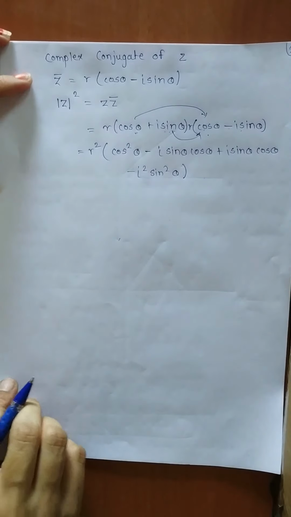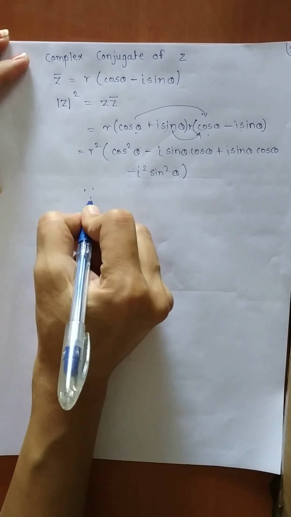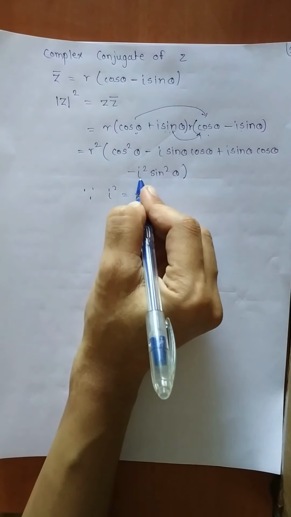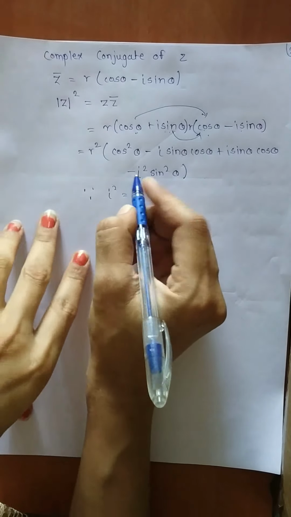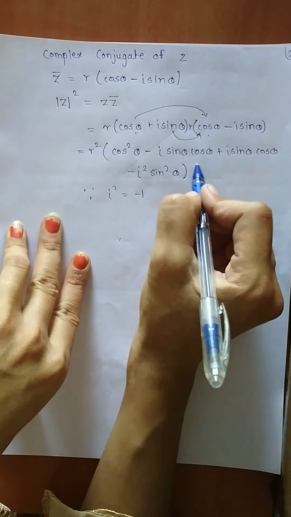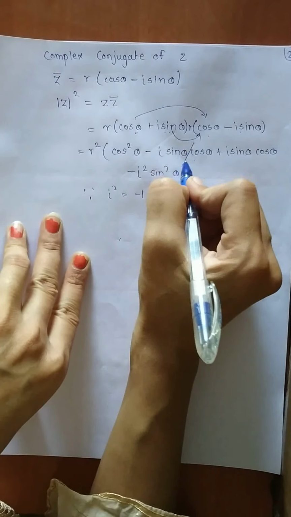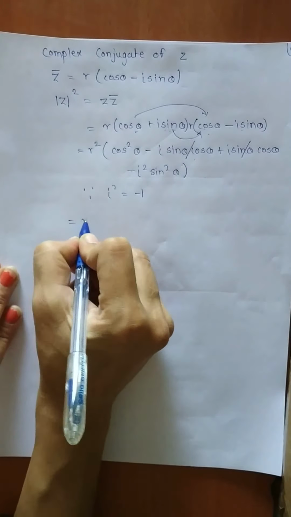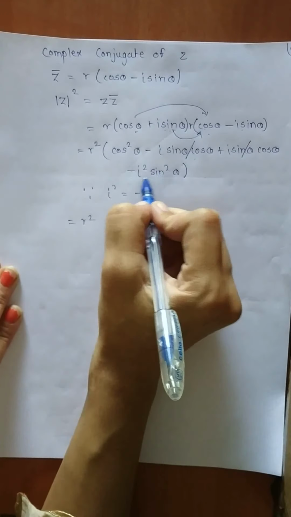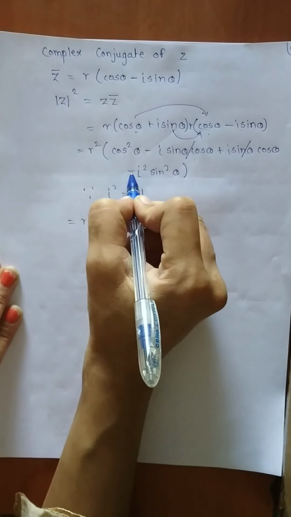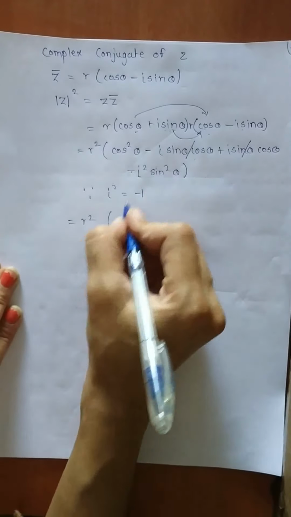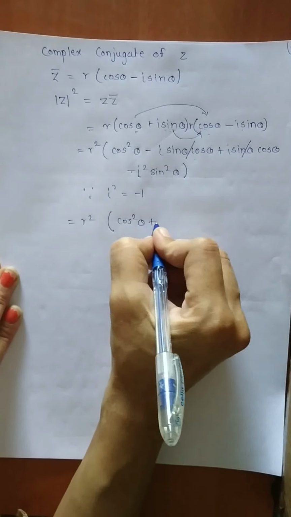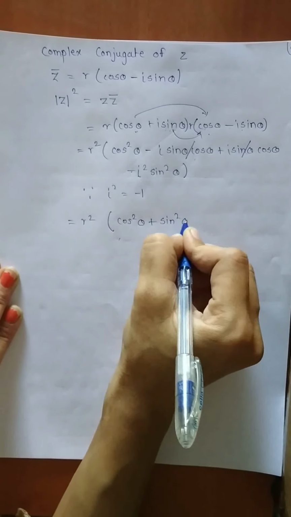Now we already know this property of iota: i square is minus 1. By substituting i square as minus 1, this becomes plus, and these two terms have opposite signs, so they cancel. Now we get r square, and with i square as minus 1 the minus becomes plus, and the remaining terms are cos square theta plus sin square theta.